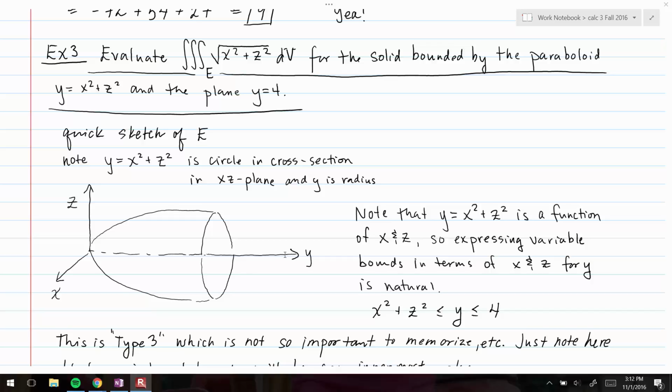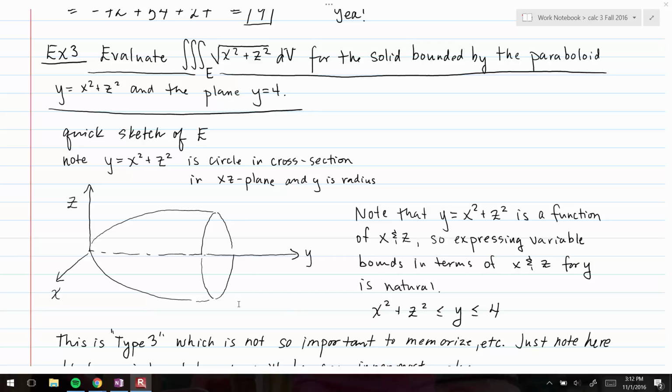So in other words, for y getting bigger, this is a y-axis here, then the least y is over here, and then it's moving to bigger y as we move to the right in the screen. So then, looking at the screen here, the surface that is defining the least y is that paraboloid, y equals x squared plus z squared, so that is the lower bound for y.